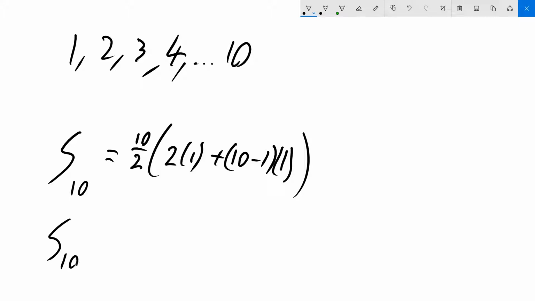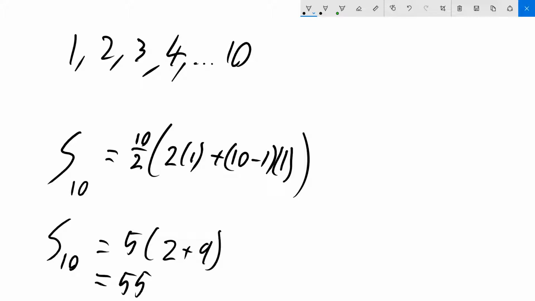So S_10 is going to equal 5 lots of 2 plus 9. 2 plus 9 is 11. 5 times 11 is 55. And that's the sum of our series.